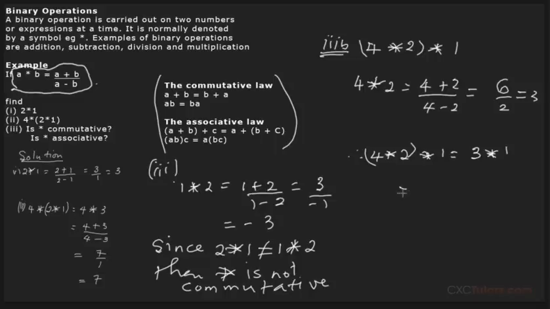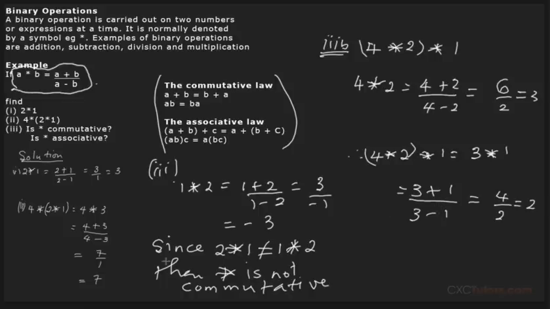Now again, as long as we are applying the operation, we always go back to what is given. A takes the value of 3 and B takes the value of 1. And so this now becomes 3 plus 1 divided by 3 minus 1, and that is equal to 4 divided by 2, which is equal to 2. And then we compare the result.